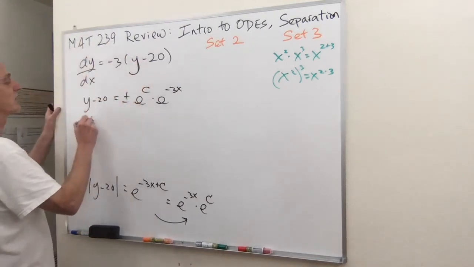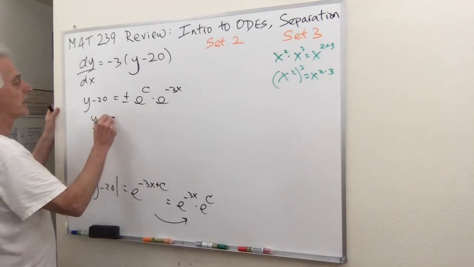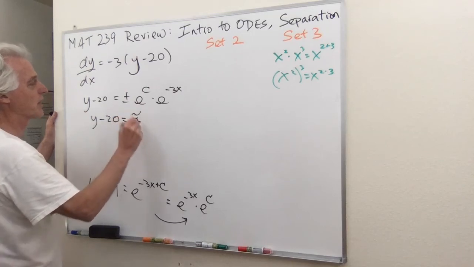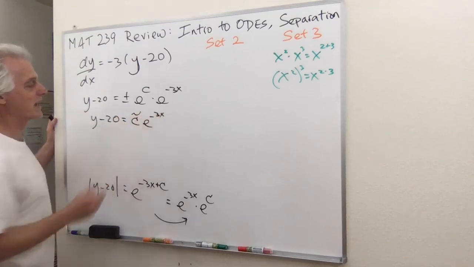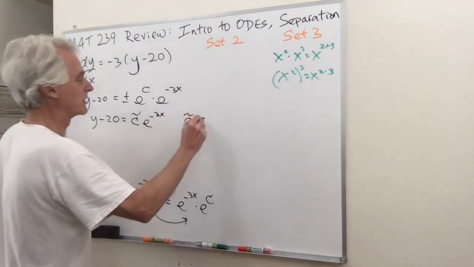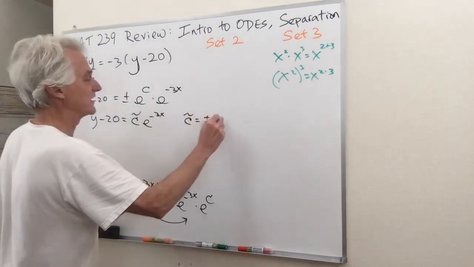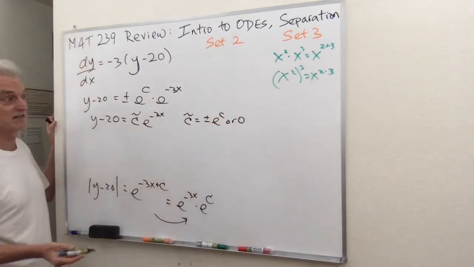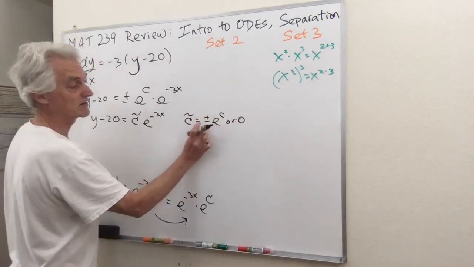That's good. So this becomes y minus 20 is, we'll call it another constant, c prime e to the minus 3x. Okay? And c prime is plus or minus e to the c or 0. And so it's any constant. Not just a positive or negative constant.